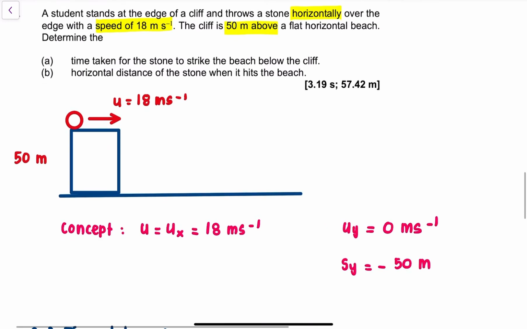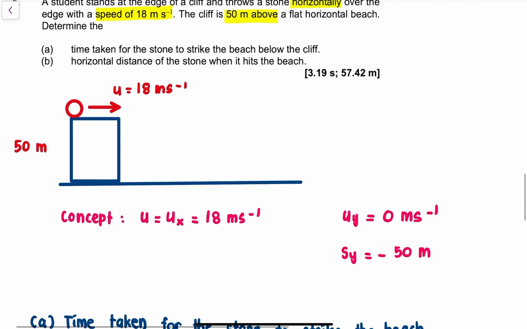Okay, by referring to the concept of projectile motion, the initial speed here, 18 meter per second, is your ux. And what happens to the value of uy? The value of uy must be equal to 0. We want to determine the time taken from the starting until the ending, so this is the whole journey.